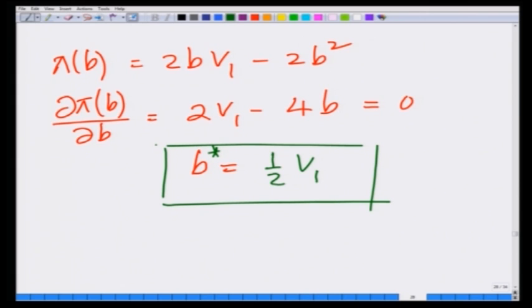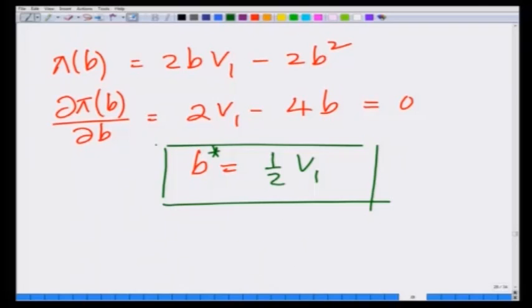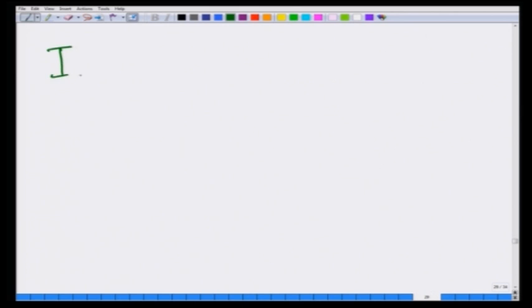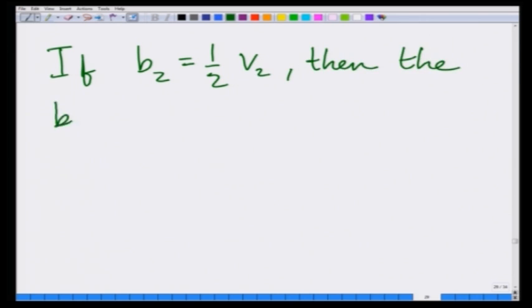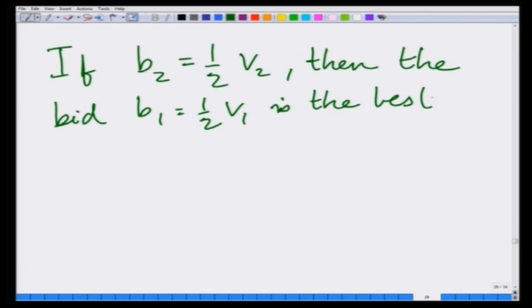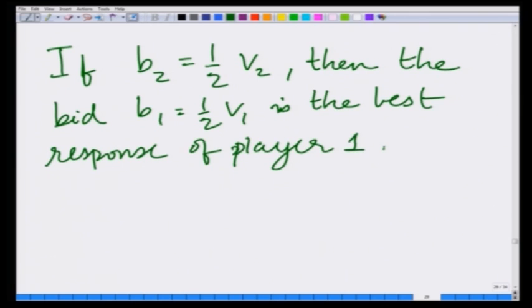So, what have we shown? We have shown that if player 2 is bidding b2 equals half v2, then the bid b star equals half v1 is the best response bid of player 1. So, if b2 equals half v2, then the bid b1 equals half v1 is the best response of player 1.